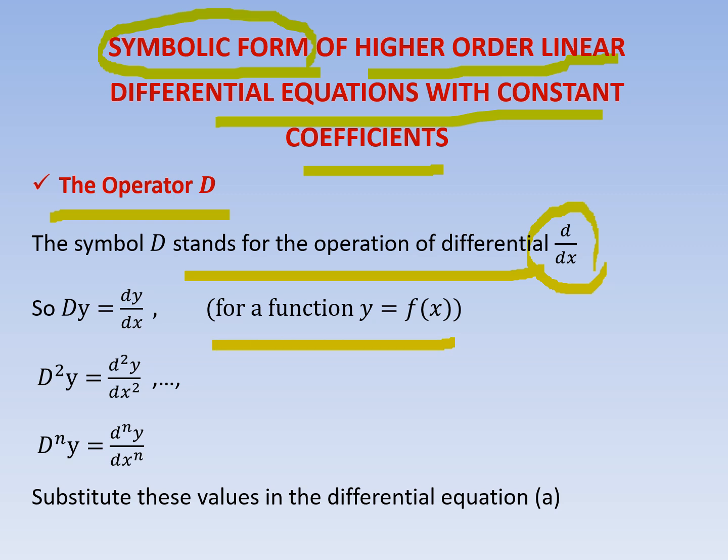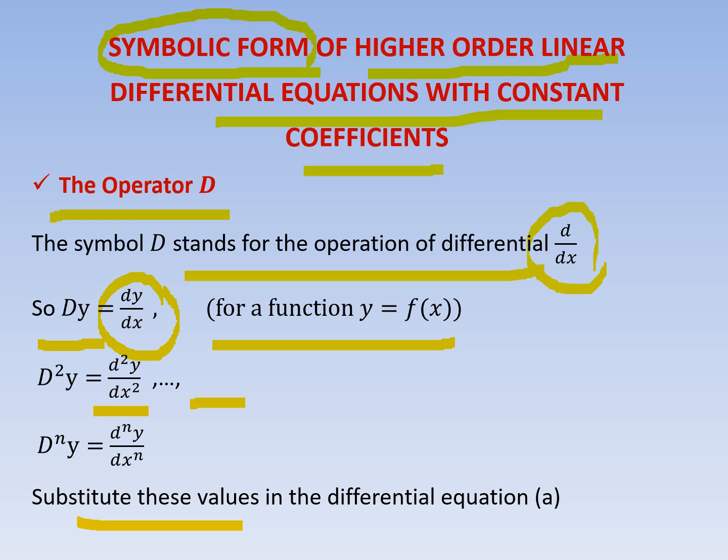For a function y is equal to f of x, the differential operator D transforms the function y to its first order derivative dy by dx. So, Dy is equal to dy by dx. D square y is equal to the second derivative of y with respect to x, and so on. We get D power n y is equal to the nth derivative of y with respect to x.